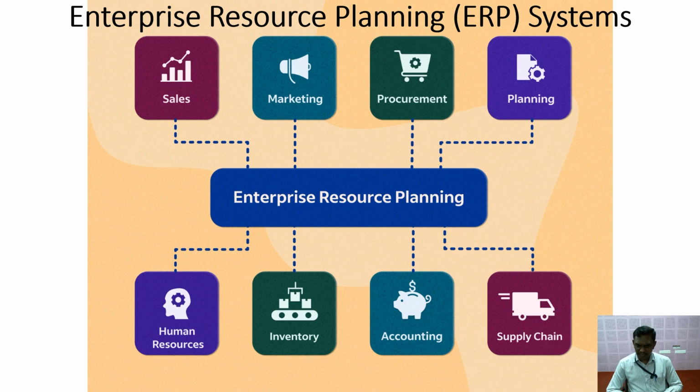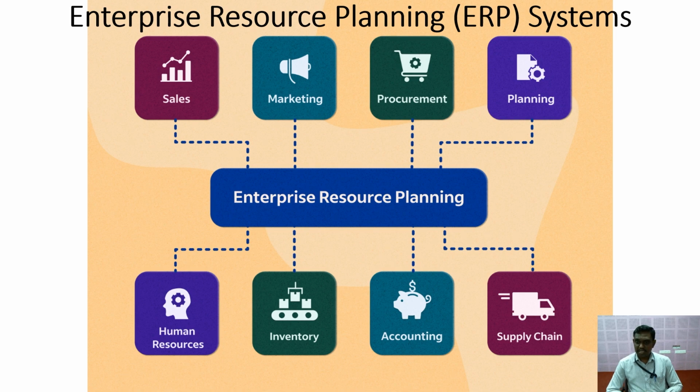And if we want to maintain the inventory, we can also use the enterprise resource planning. That will maintain the inventory, how much inventory we have, and how much inventory we want in future. And accounting: suppose we want to maintain the accounts using the computer, we can approach the enterprise resource planning. That will help business people to maintain the accounts in a perfect manner.